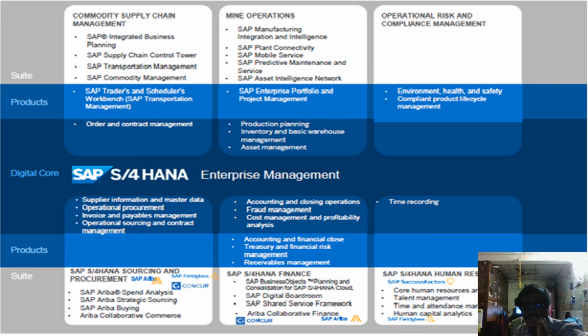We have business where the business can approve the exact contract cost involved, so shipment cost and everything can be easily calculated using the SAP digital business process. We have the SAP shared service framework and SAP collaborative finance.